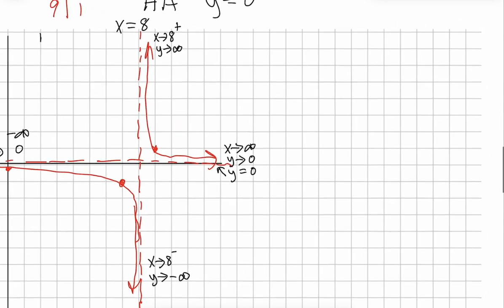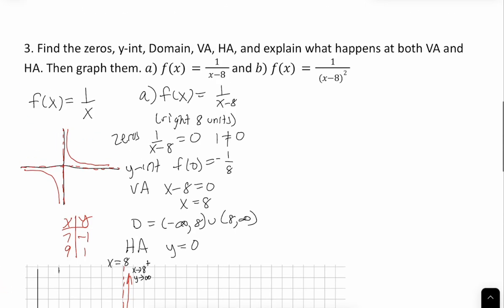Okay, now let's move on to B. What happens because there is a squared there? I will tell you that the zeros are still none.